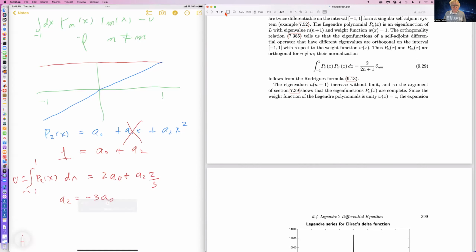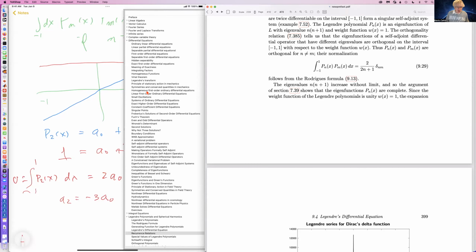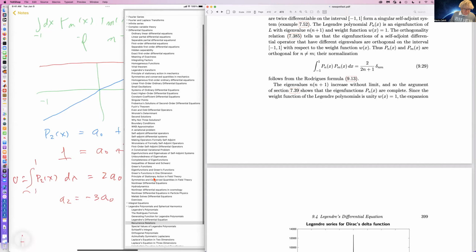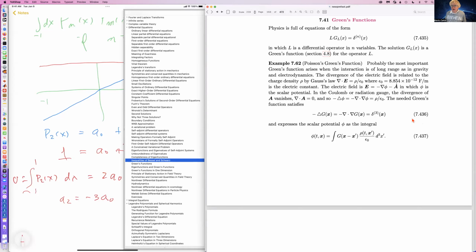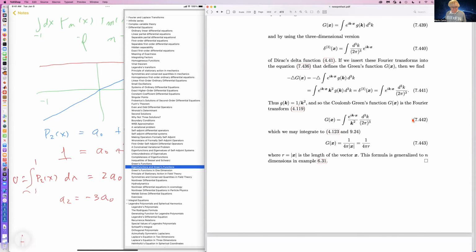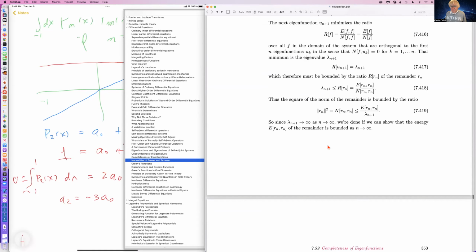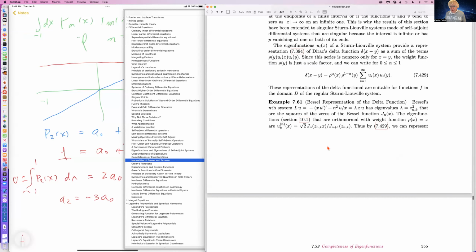Since I've actually forgotten what the trick was, does anybody have, well, I could look in the index and that would do it. Yeah, it might be under completeness. Ah, there it is.